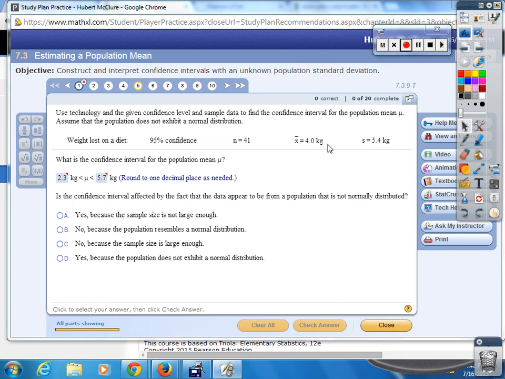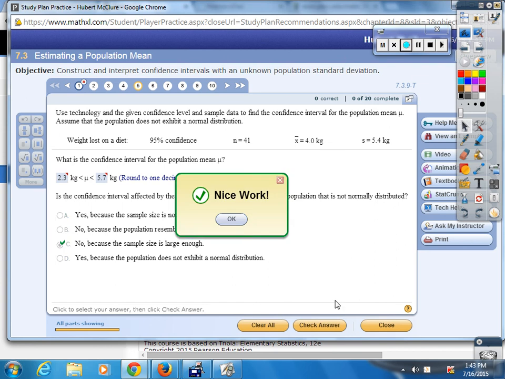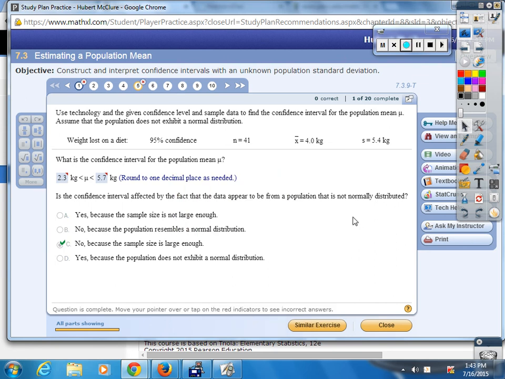Doesn't look like a normal distribution to me because the mean is 4 and the standard deviation is 5.4. I would say probably the sample's not big enough, because those are some small numbers right here. But I'll probably get it wrong. Oh, I got it right. So chances are it's not big enough.